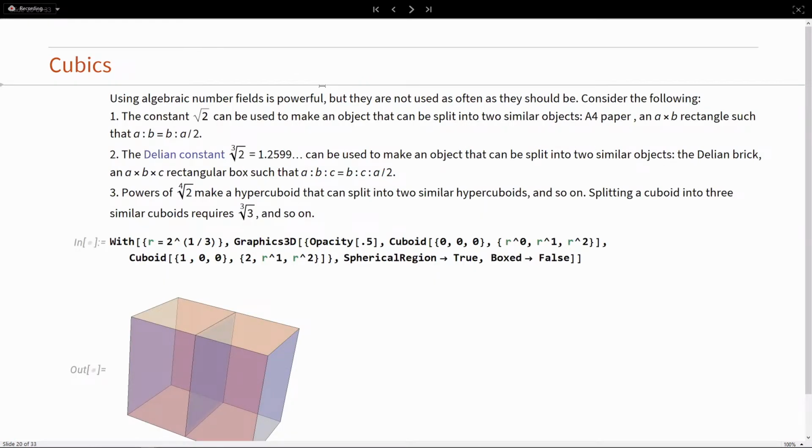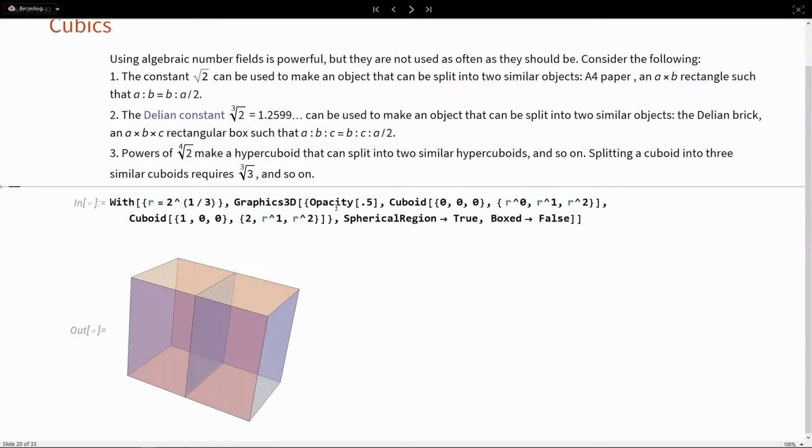So there's many more that can be shown in quadratic spaces, but let's move on to cubics now. The cube root of 2 is also known as the Delian constant. There was a long unsolved question as to whether the cube root of 2 could be constructed for the doubling of the cube problem.